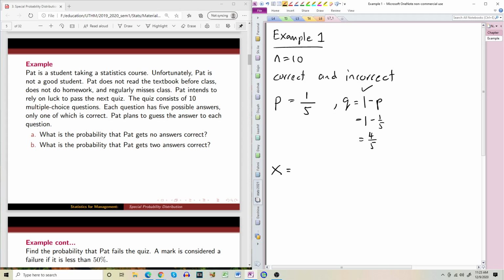What is the variable? What is the probability that Pat gets no answers correct? Which means X is the number of correct answers.